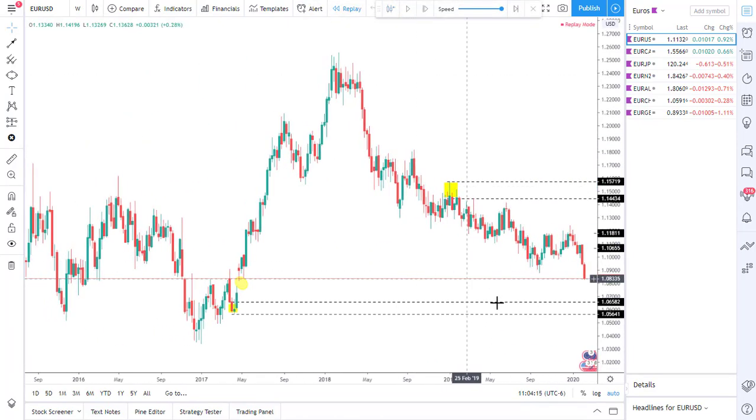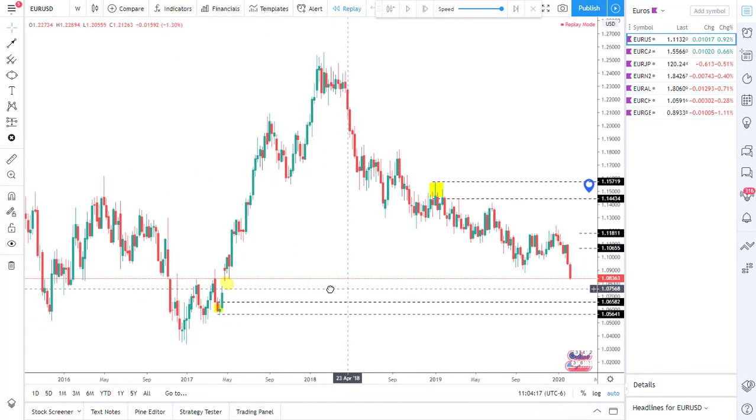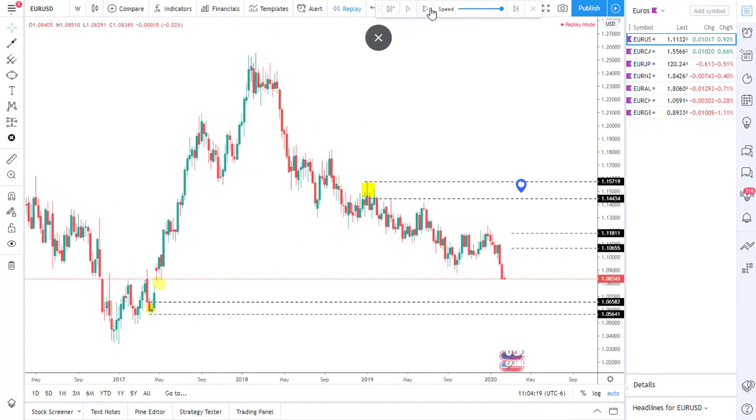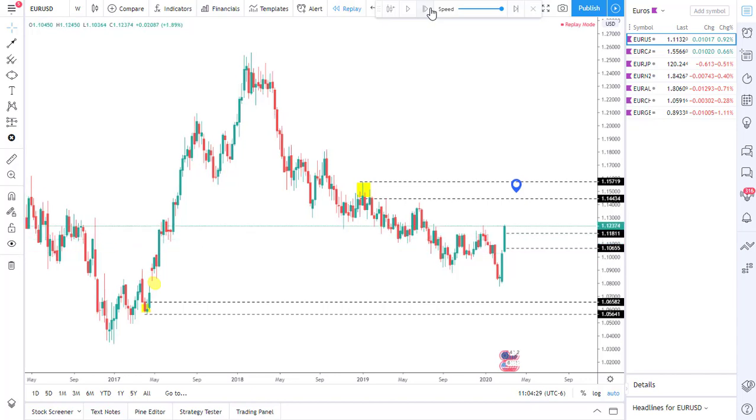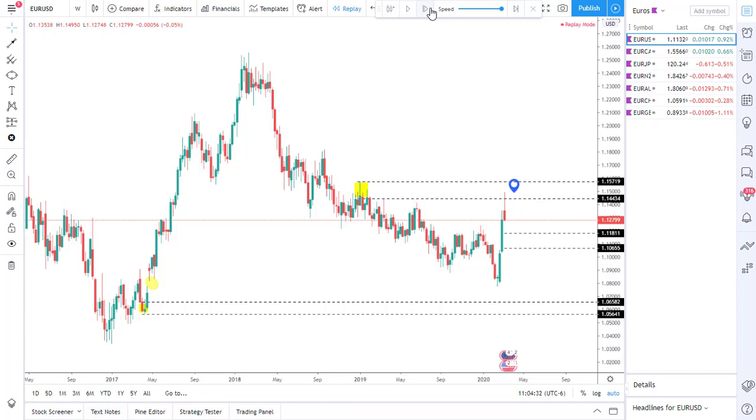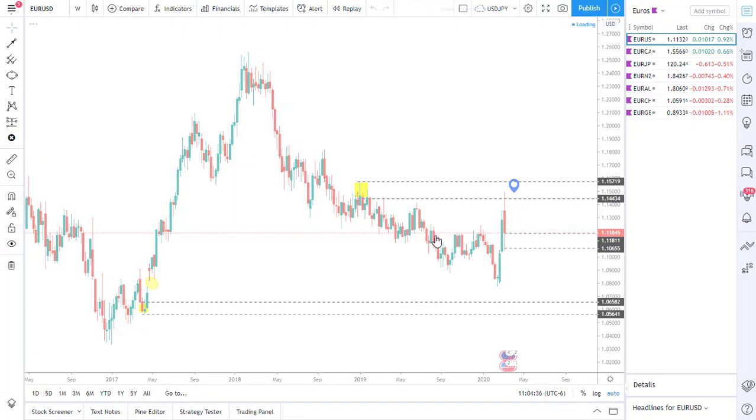All right, price at the gap level, and then we had a huge rally. See all that movement. I hope you guys took that entry as well. All right, and then boom, so many pips from this gap level.